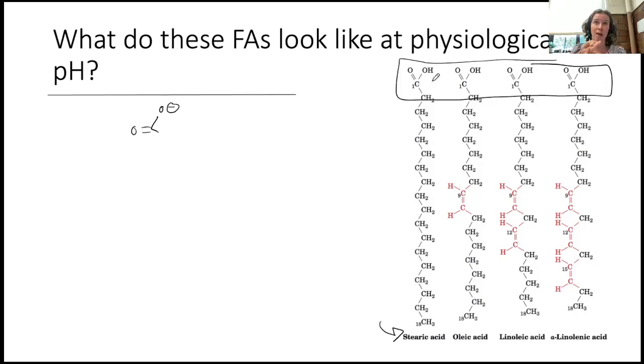So I'm going to start with that being 1, and I'll count up to 18. So 1, 2, 3, 4, 5, 6, 7, 8, 9, 10, 11, 12, 13, 14, 15, 16, 17, 18 carbons. So this is more representative of what a fatty acid would look like at physiological pH.